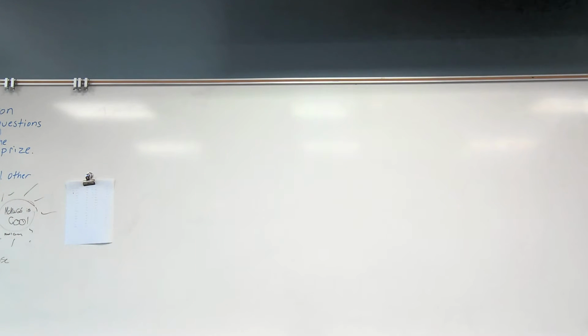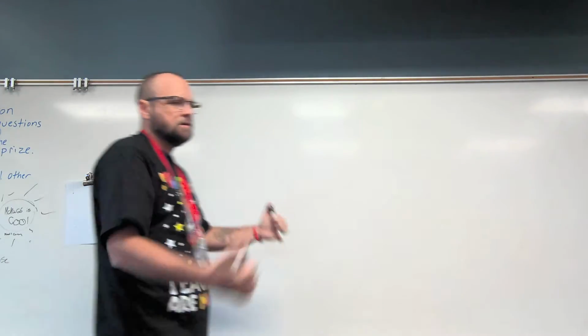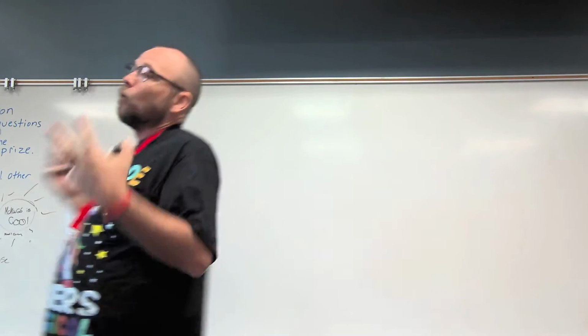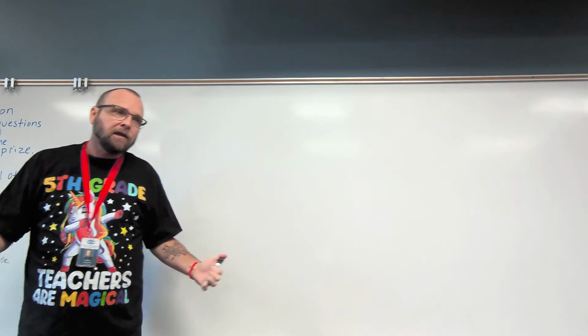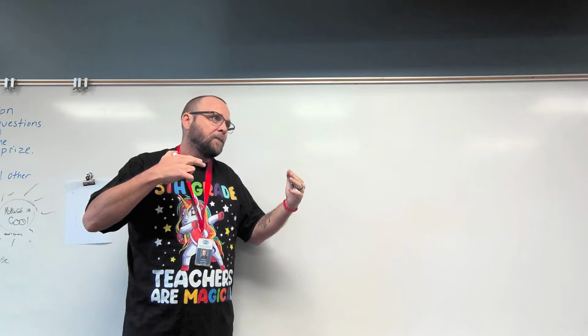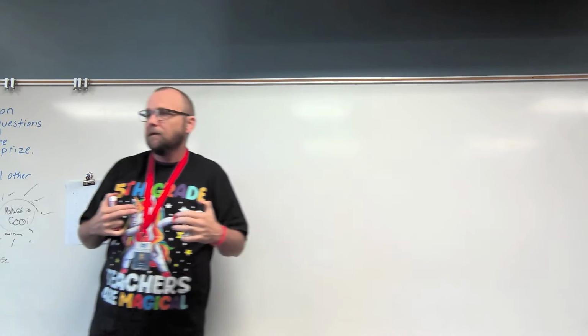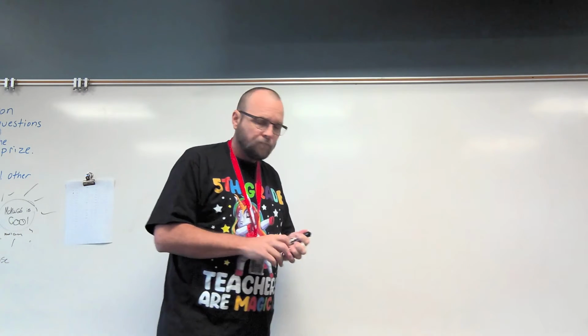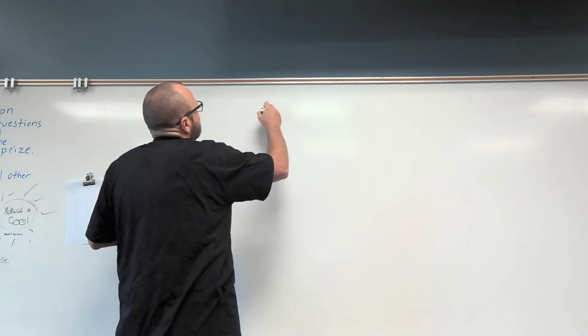I'll show you this. It's not a trick. It's just how it is. And so it's kind of, I don't know, a shortcut maybe. So you don't have to do all the actual algorithm. So let's take it.